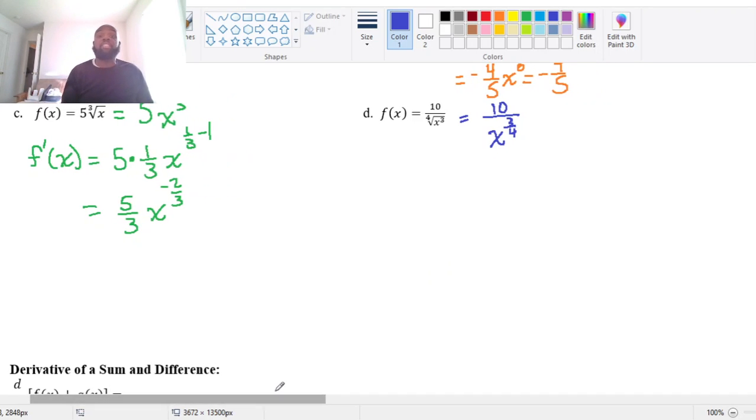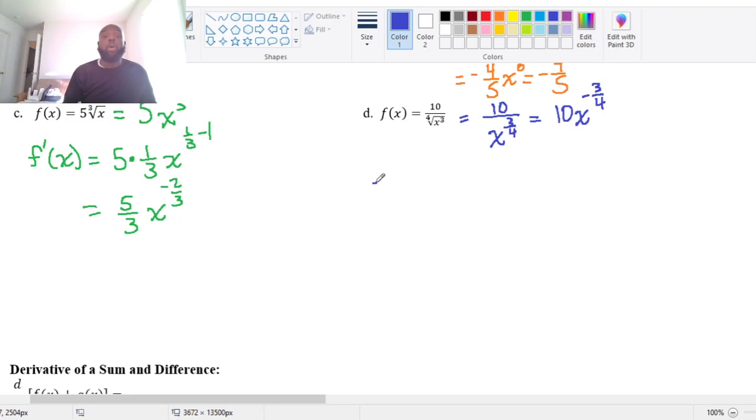So we're going to bring that thing that's in the denominator outside of the denominator by making that exponent negative. Instead of a positive 3/4 in our denominator, when we take it out of the denominator, we do the opposite exponent, and that's the negative 3/4.